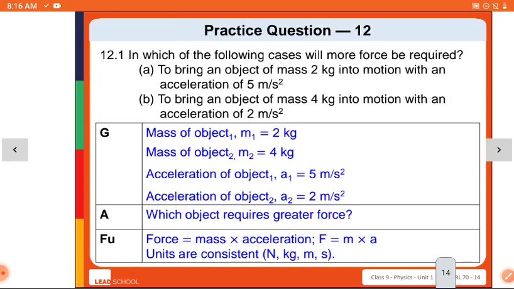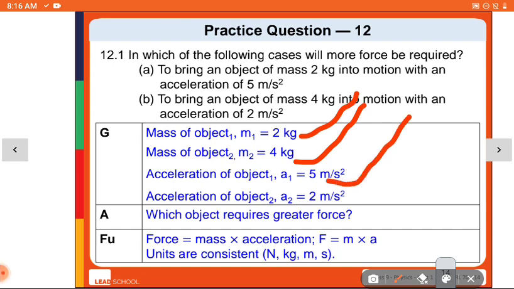So students, first of all we write the mass, which is given in the question. Mass of the first object is 2 kg, second object is 4 kg. Acceleration of the first object is 5 meter per second square and 2 meter per second square for the second one. Which requires greater force?